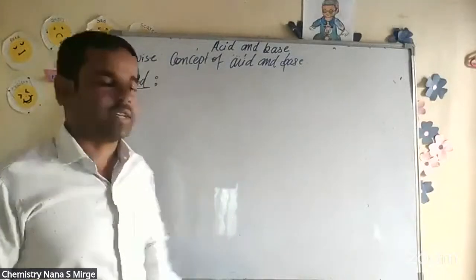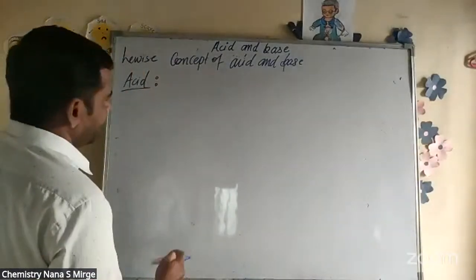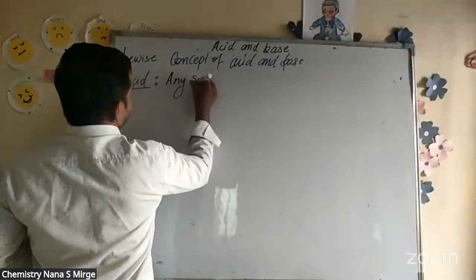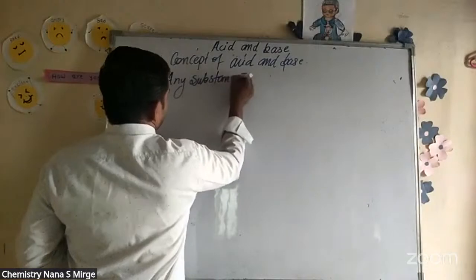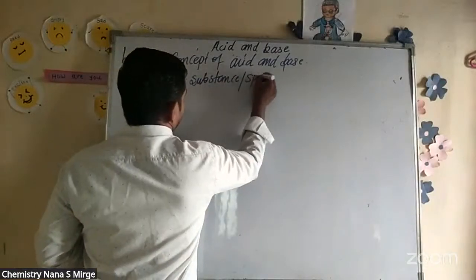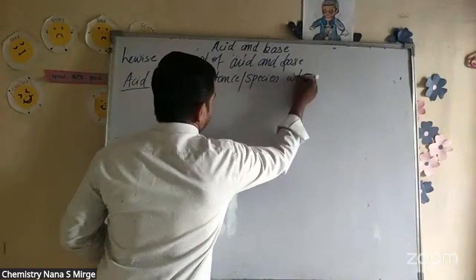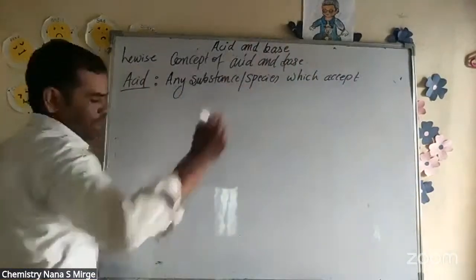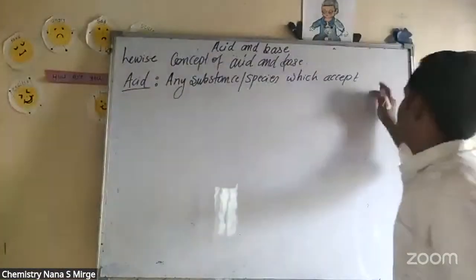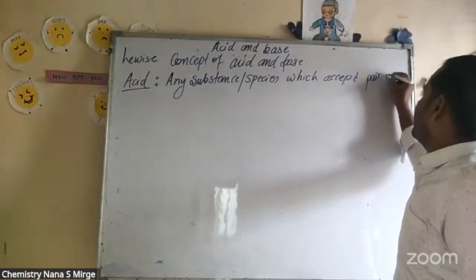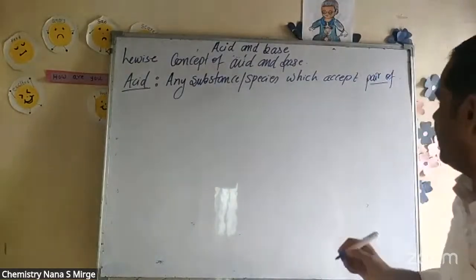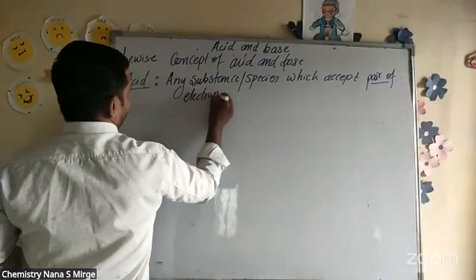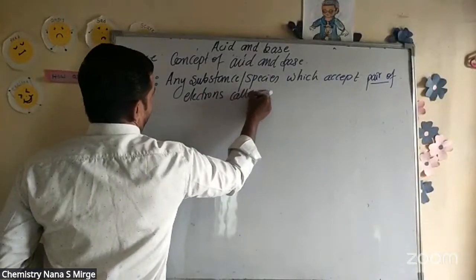According to Lewis concept, any species or substance which accepts a pair of electrons is called acid.